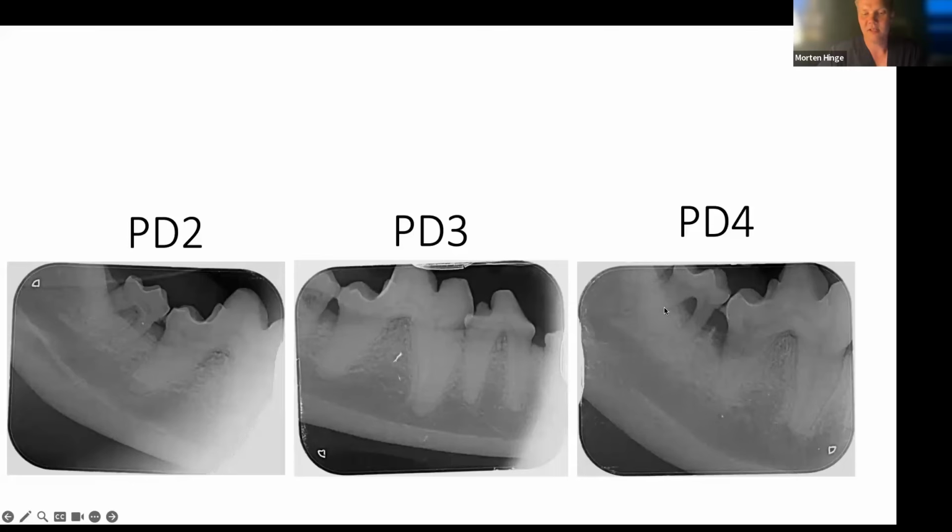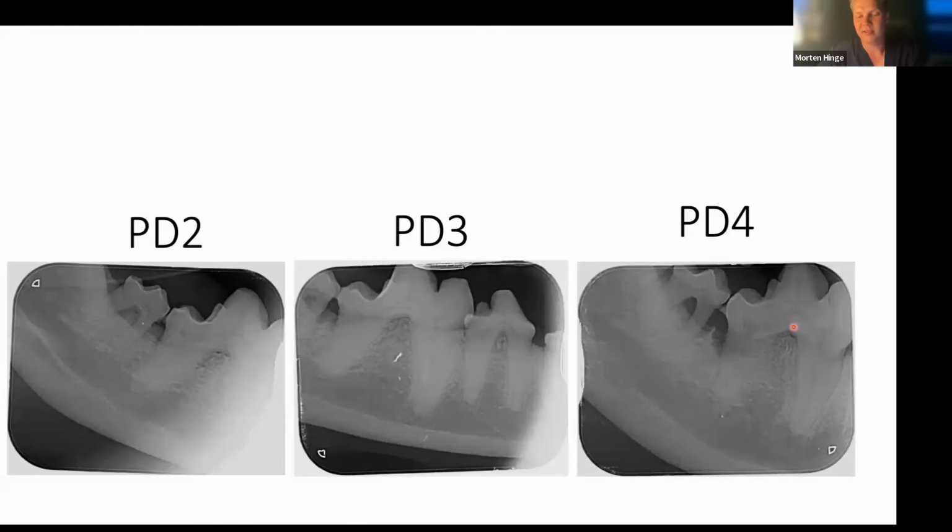In this case, you see PD4, because you can see that the dark area here circumferences this root, and more than 50% of bone loss has happened to this root. And here we are almost at 50% also on this root, and a furcation exposure. So you need to extract that tooth, obviously.